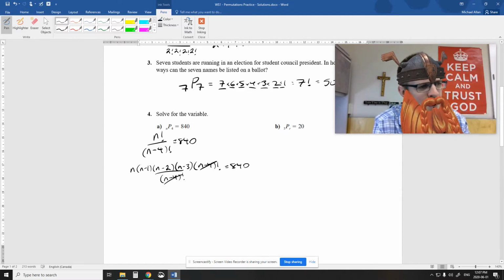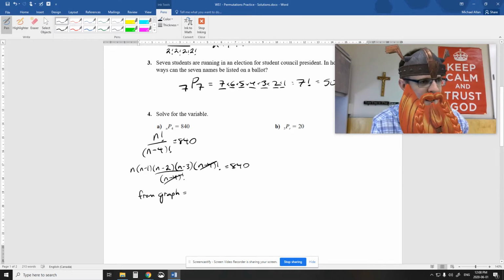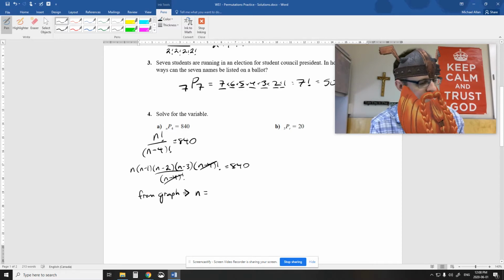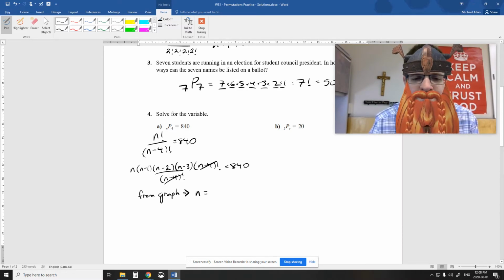So I'm not going to multiply any of this out. What I'm going to do is graph the left-hand side, graph the right-hand side, and then from the graph, determine my solution. So from the graph, n is equal to, and I'm just going to plug in my calculator here.